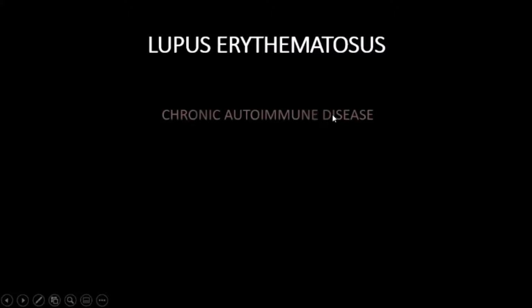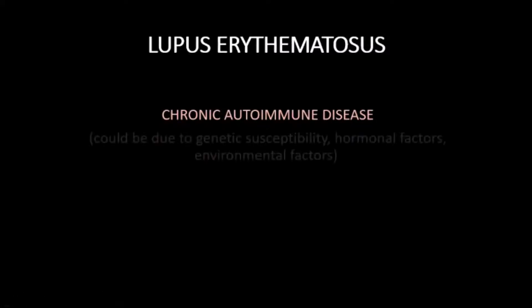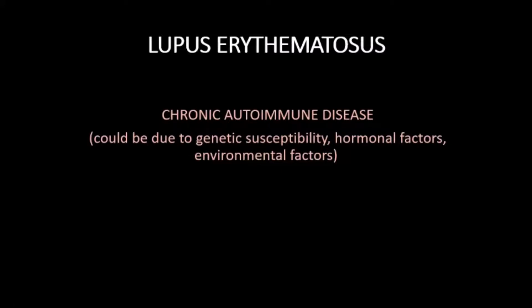It is a chronic autoimmune disease, which means it might persist for a long time, and it is caused or initiated due to the immune response of the body against its own cells and tissues. This immune response can be triggered due to genetic susceptibility, hormonal factors or environmental factors.